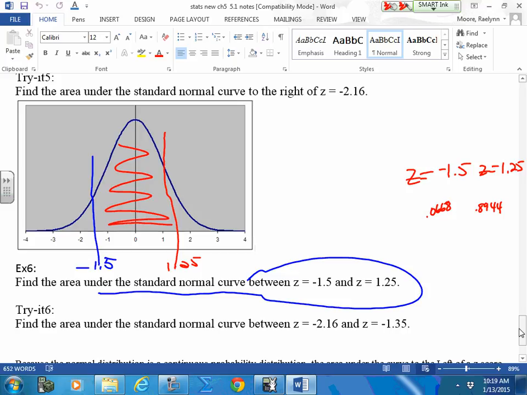If you want this little area, then you want this whole area. Where do they overlap? Is where you subtract them out.